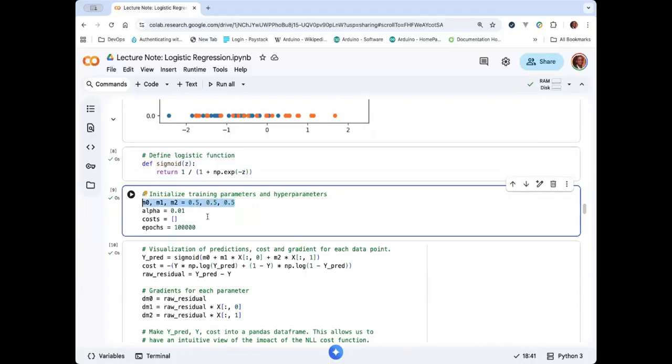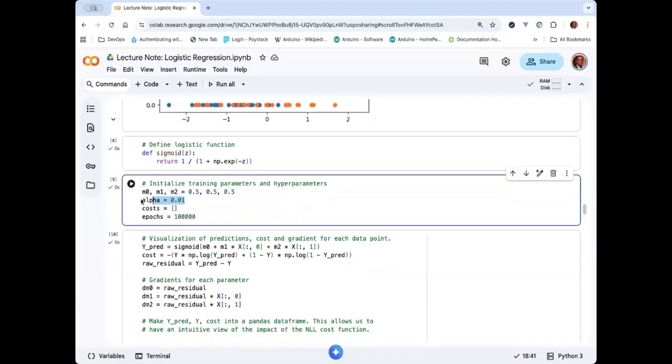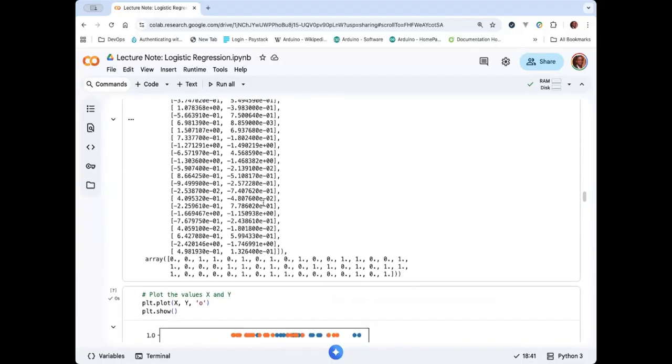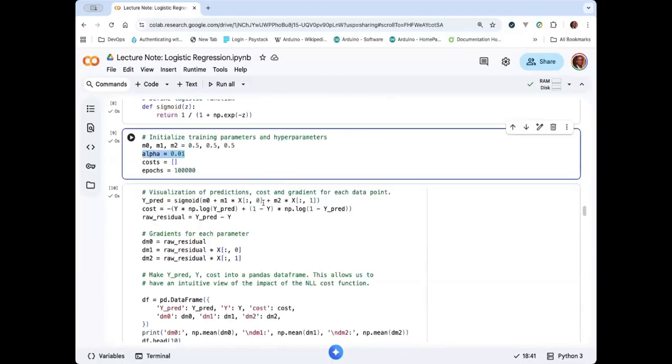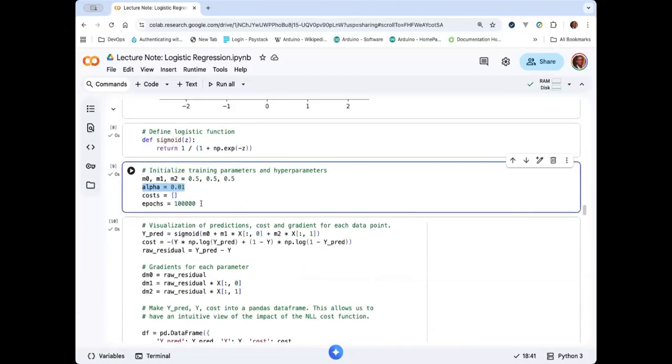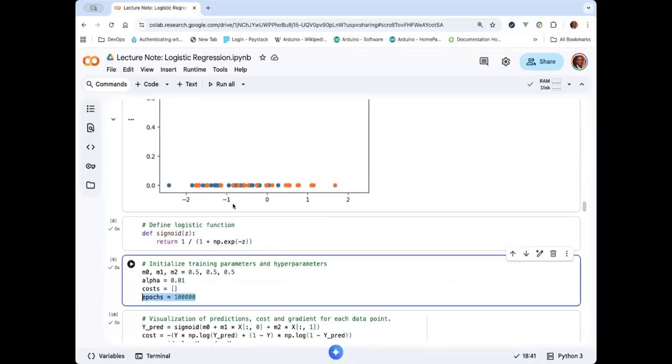Then we get an alpha of 0.01, which is a good alpha to use as the learning rate. It's a good value to use for simple regression problems. Then we choose 100,000 epochs. When you're doing simple linear regression with a single variable, you find that 100 epochs is enough, or 100 cycles, or maybe even 500, right?